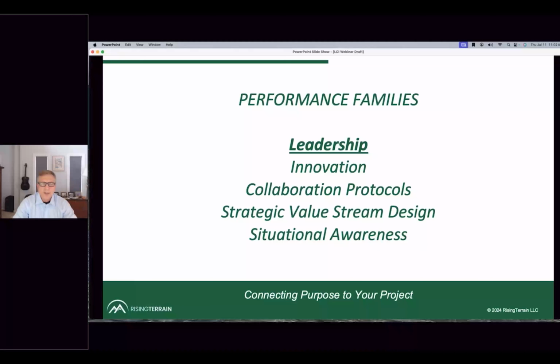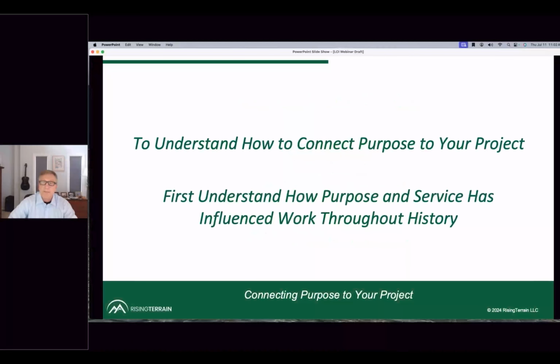This connection of purpose to your project falls under that leadership set of performance practices. It's important to think about our leadership practices as a core part of what we do on lean projects, and attaching and understanding our purpose for work is a key part of this.